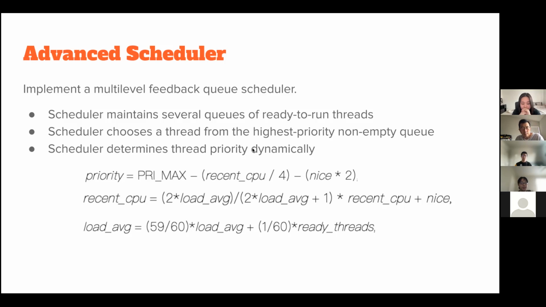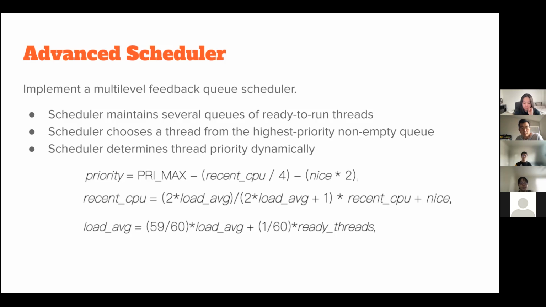The thread priority is dynamically determined, and the formula is given below. Here, PRI_MAX and nice are constants, recent_cpu measures the amount of CPU time a thread received recently, and load_avg estimates the average number of threads ready to run over the last minute.